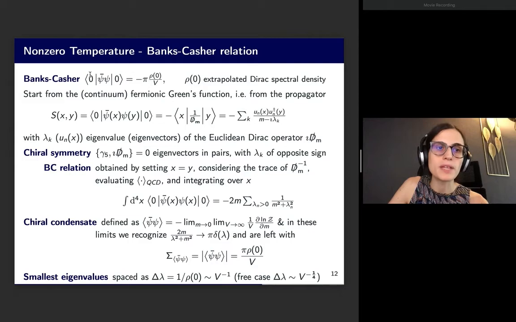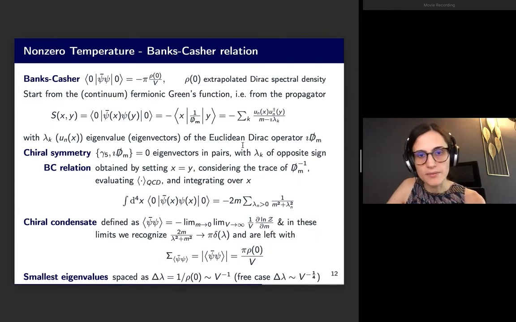The way one obtains this is by starting from the continuum fermionic Green's function, that is the propagator, which can be rewritten in a spectral representation in terms of its eigenvalues and eigenvectors, in particular the eigenvalues and eigenvectors of the Euclidean operator iD-slash. We are building this relation in a Euclidean continuum version in order to keep it simple, of course.